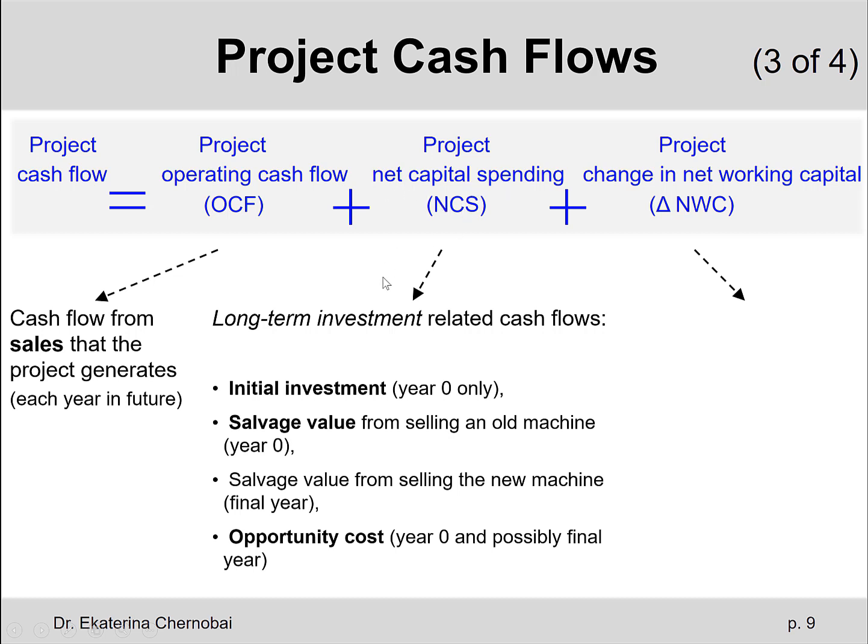The general idea is it's something that has to do with the long-term investment. So something you're going to be using for a very long term, such as a building, a few items of some equipment, some machinery, maybe laptops, maybe delivery trucks, whatever those fixed assets are.